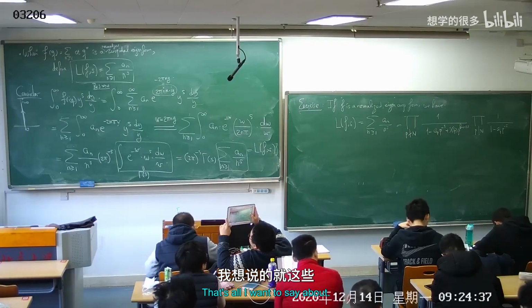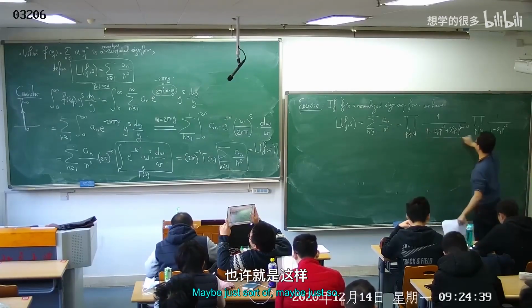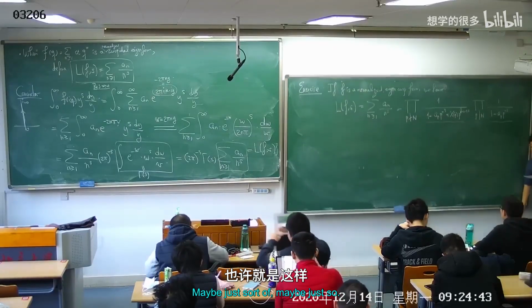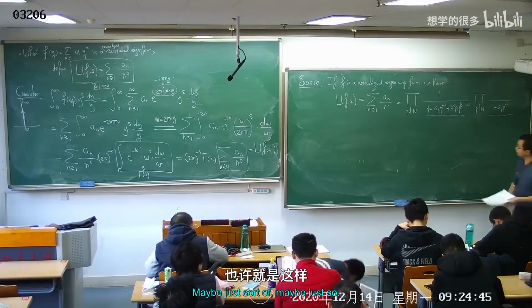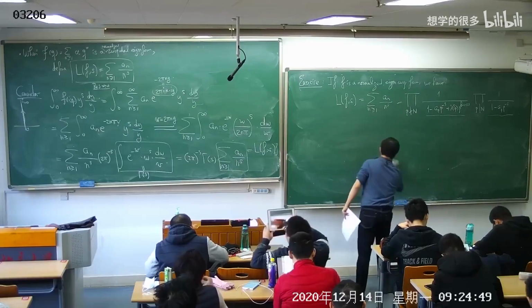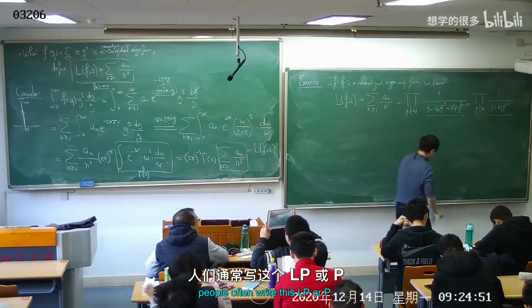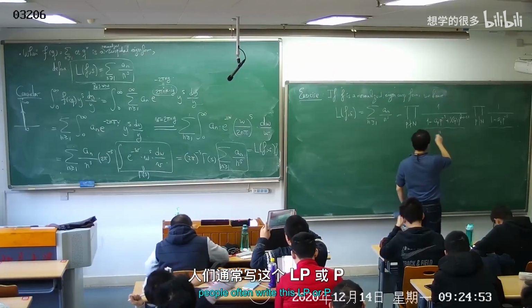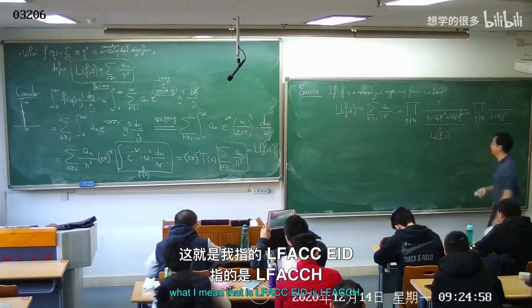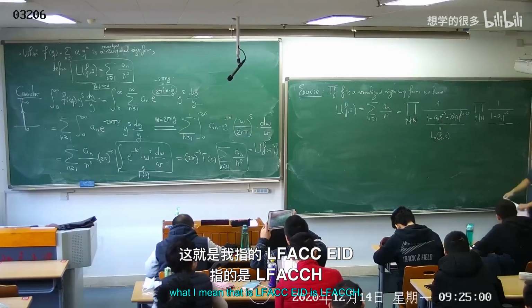At good primes I have this thing. At bad primes I have this. So that's all I want to say about it. People often write this as L_p(f), to mean the L factor at p.